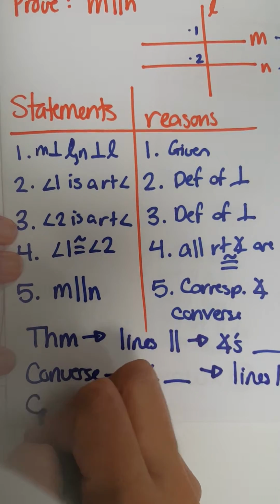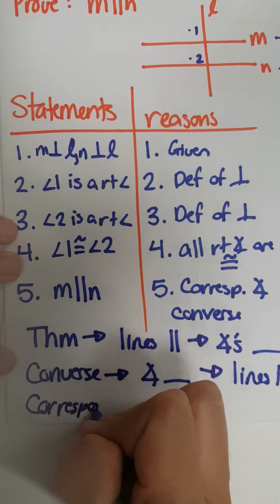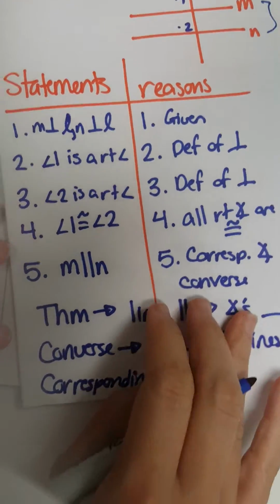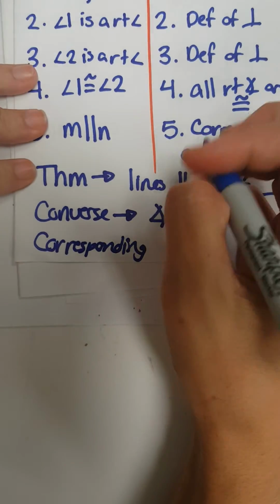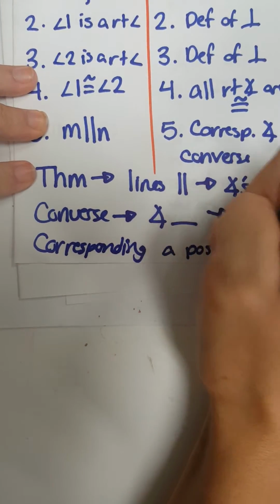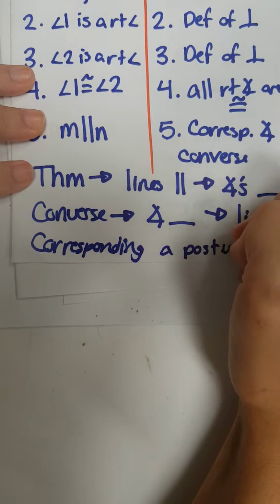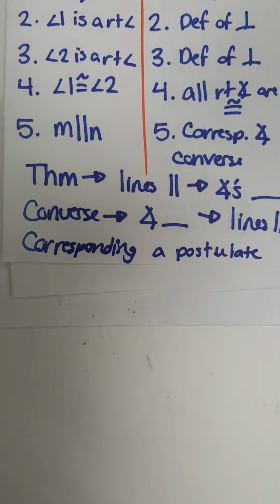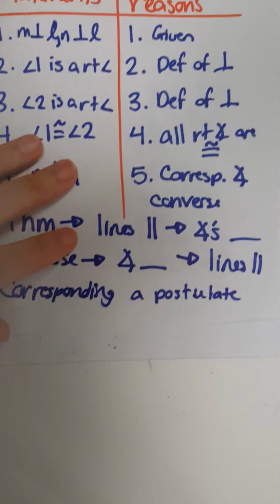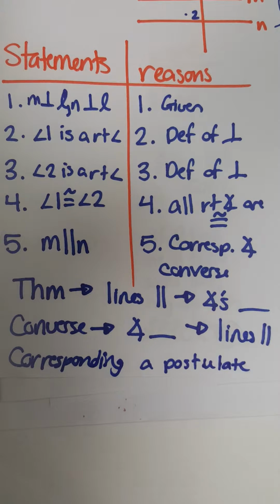And remember, last but not least, corresponding is the only one that is a postulate. Let's write it out, postulate. Everything else is a theorem, okay? So those are all the random little facts. If you need to write this down, 1A, you can come up and pause it really quickly, otherwise let it play.